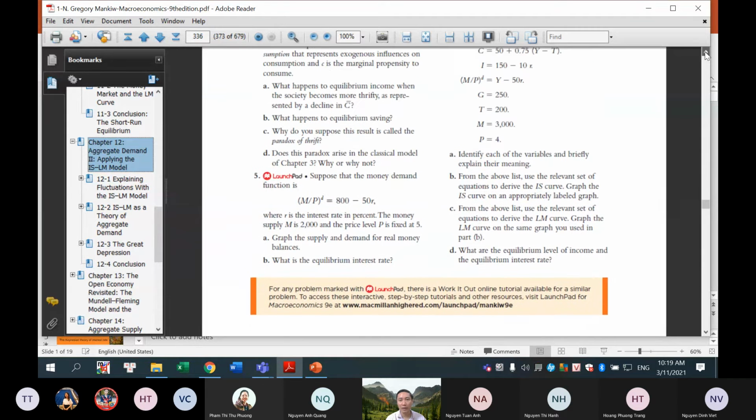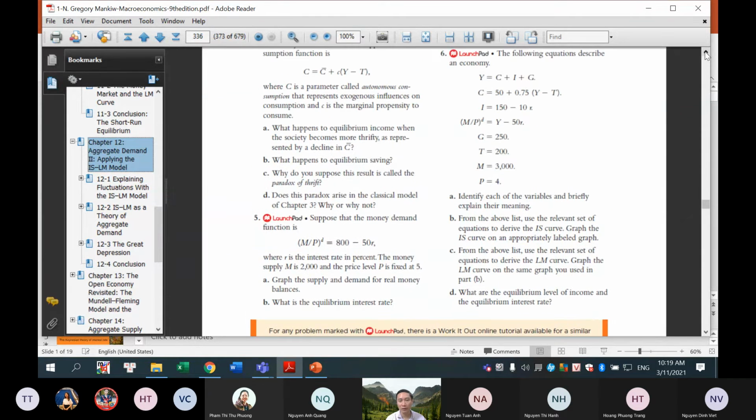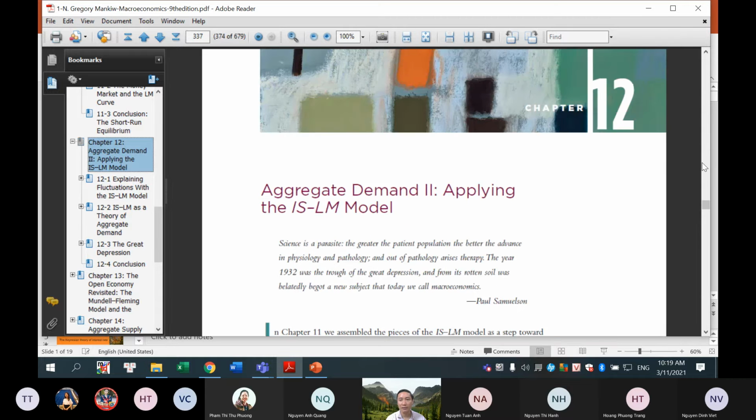You can do it very quickly, very simple for you. Just use this information to construct the IS and LM equations, and then show the equilibrium interest rate and income.